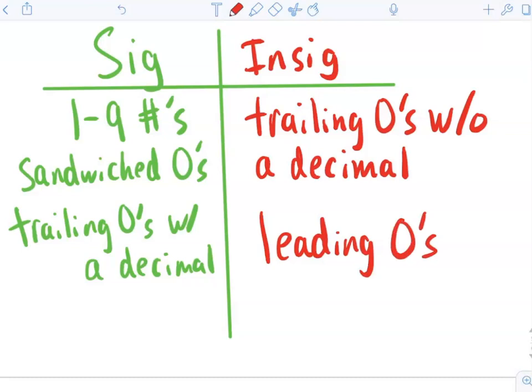Now, I would keep this chart somewhere where I can reference it just because it makes things very nice.